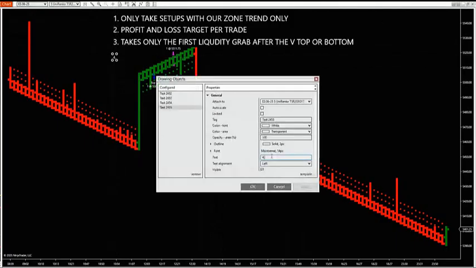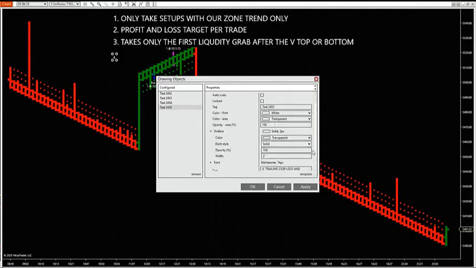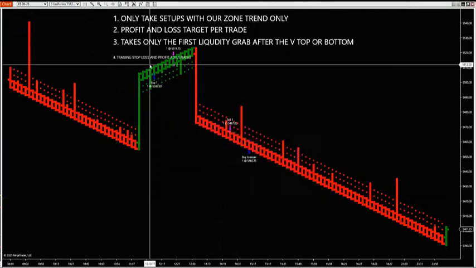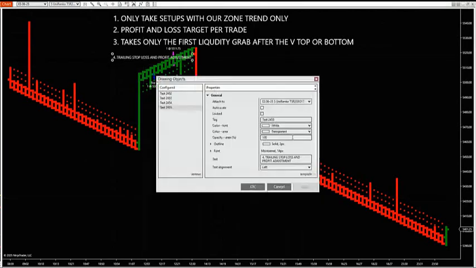So now we have a trailing stop loss and profit adjustment after entry. Chart Trader with NinjaTrader allows you, and I'll show you when I run this, to adjust your profit targets and your stop losses.